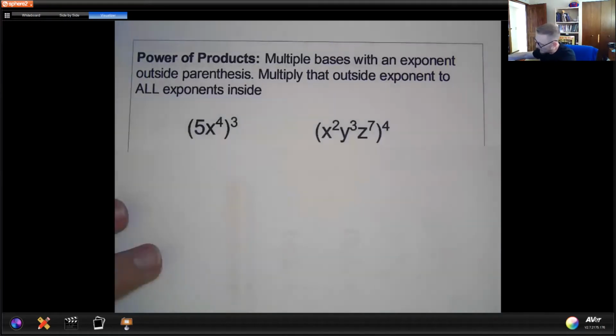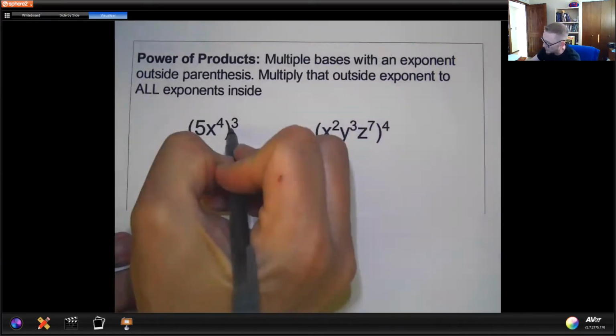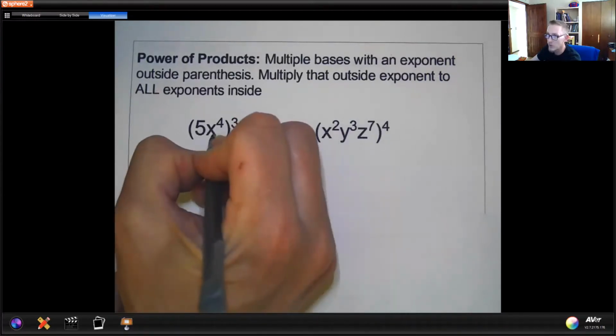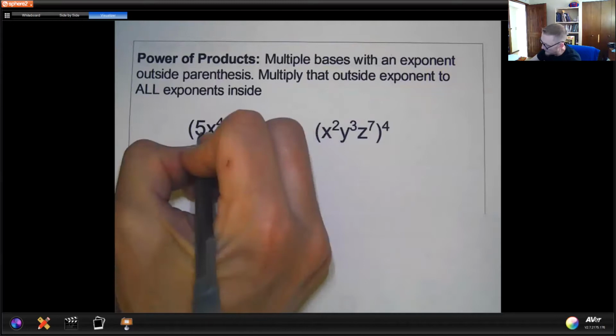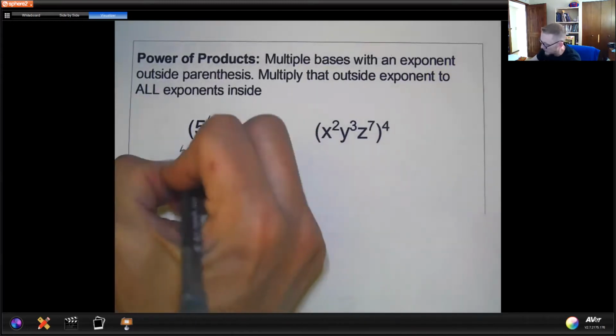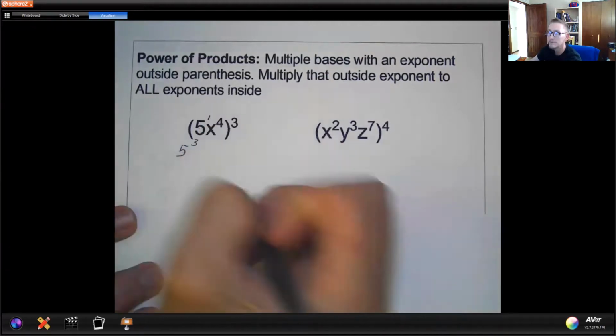Okay, so we have two examples here. This 3 on the outside is going to apply to the 5 and x to the 4th. Well, the 5 has an exponent of 1, so this becomes 5 to the 3rd power.